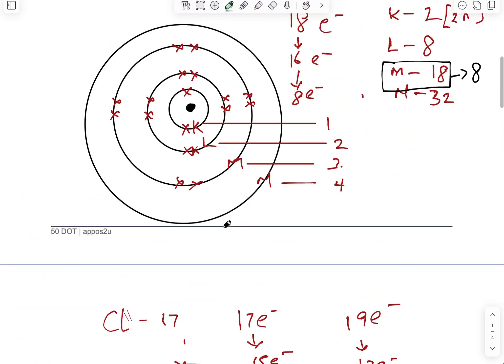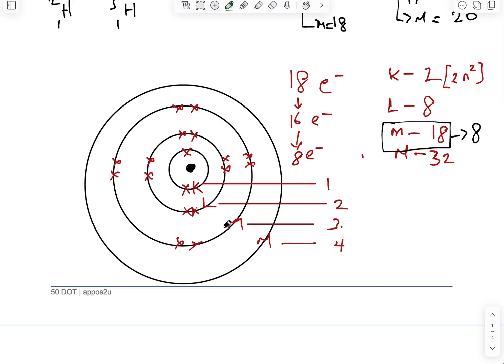Let's see what we were talking about earlier. When we were doing the KLMN format, you could see the way it goes. We always fill the first place with just 2 electrons, then we go to 8 electrons. And I told you that M should be able to hold 18 electrons maximally. But whenever we are dealing with the first 20 elements, we only fill 8 electrons maximally.